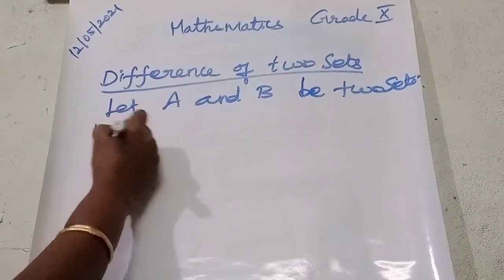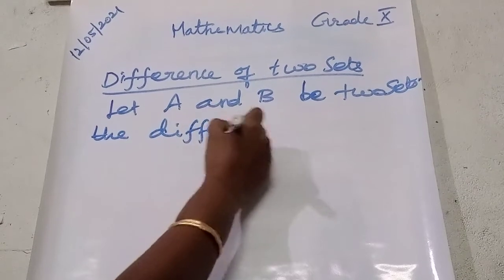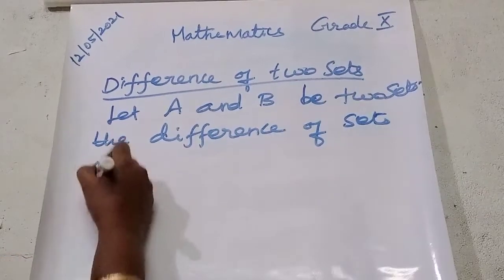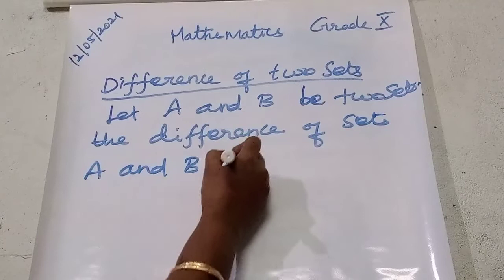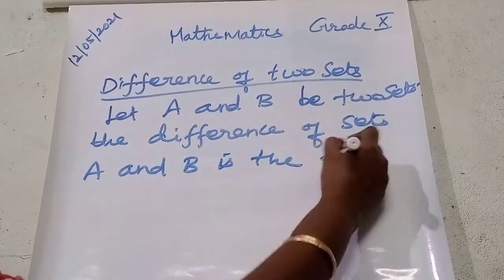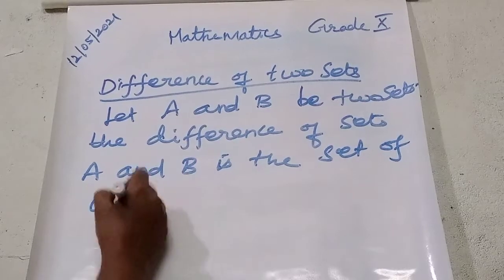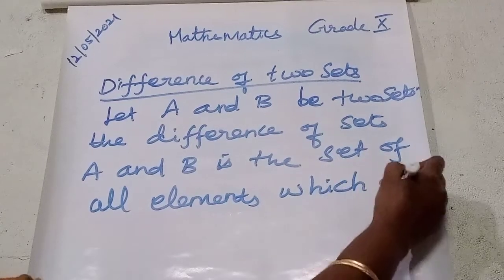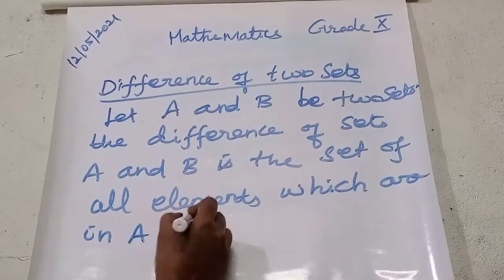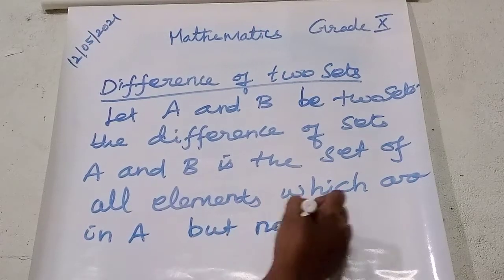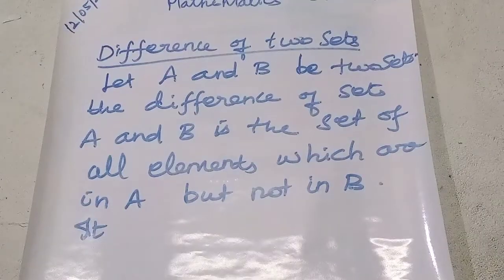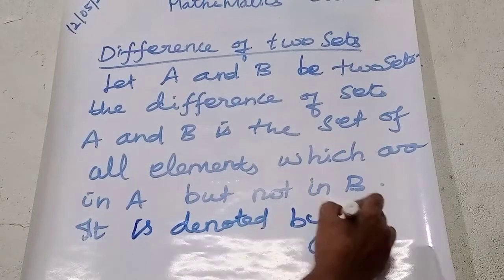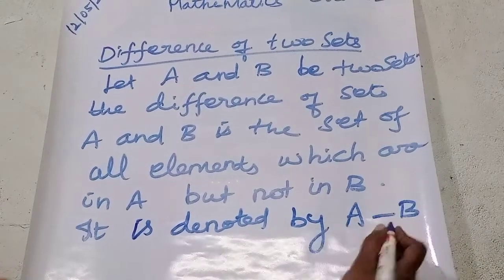The difference of sets A and B is the set of all elements which are in A but not in B. It is denoted by A difference B. Like this we can write.